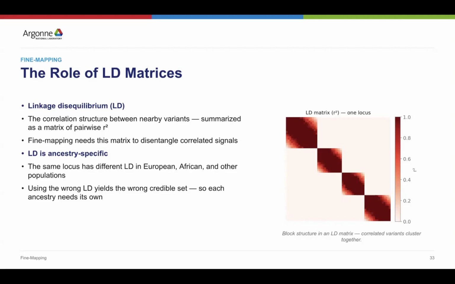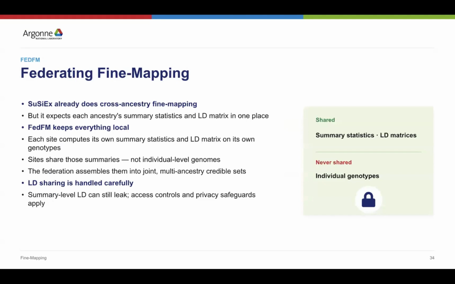So we need some way to build this LD matrix in a way that's shareable and federated, so that the individual data never leaves, but we can have this LD matrix be used across all the different sites doing their association studies. For federated fine mapping, there's a tool that does it very well. It's called SuSiEx.